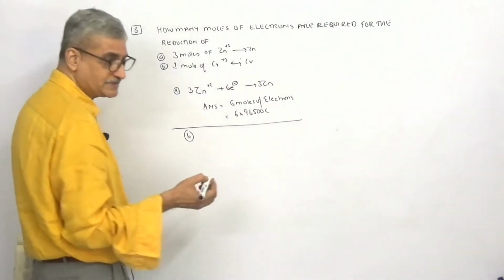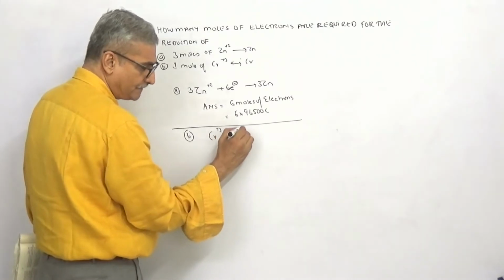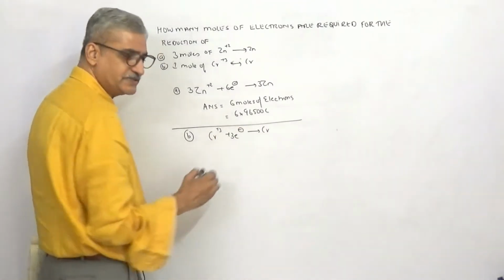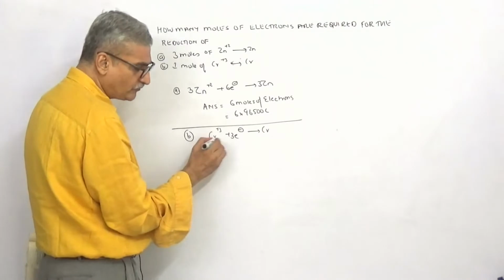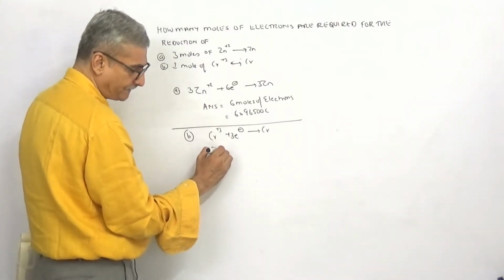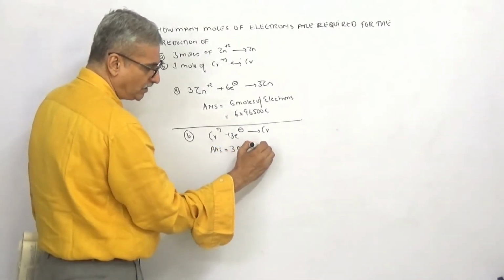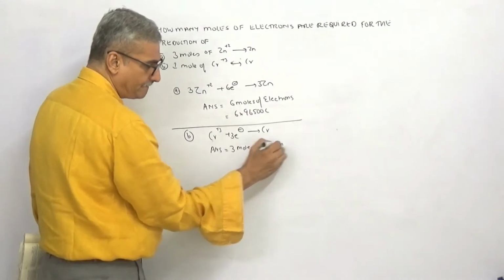Then we come to the B part. 1 mole of chromium, that's an easy one. So write the equation Cr3+ plus 3 electrons forms Cr. So for 1 mole of chromium, 3 moles of electrons are required. So the answer is 3 moles of electron. It is clear.